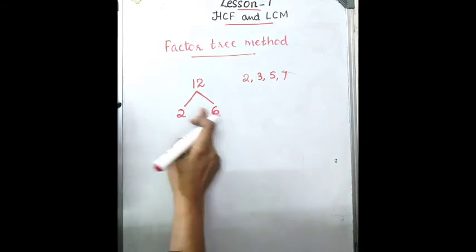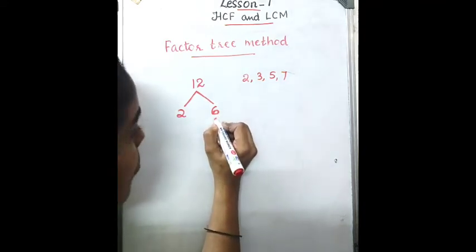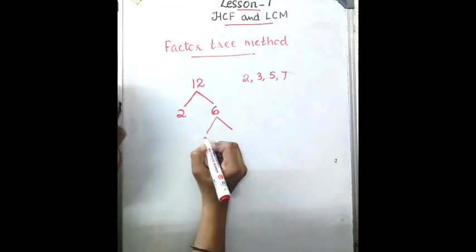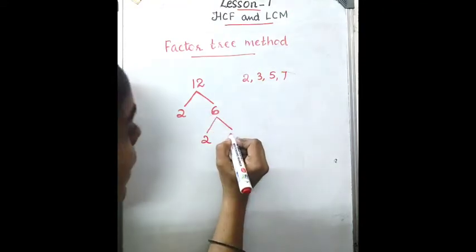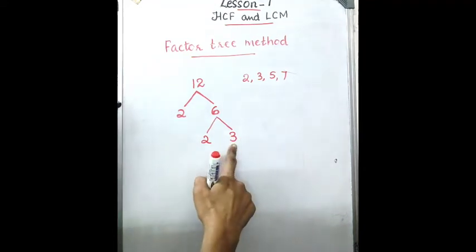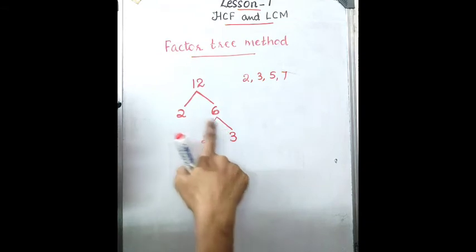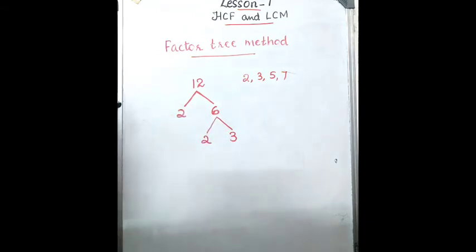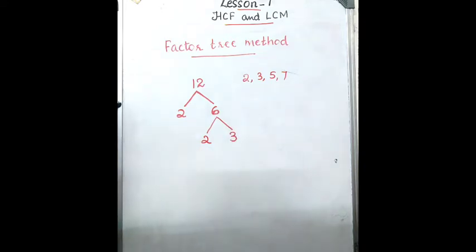We have to again divide the 6. We can divide this number by 2. On dividing 6 by 2, we will get 3. This is a prime number. We have to divide the number until we get prime numbers. Now we got prime numbers, so we can stop here.